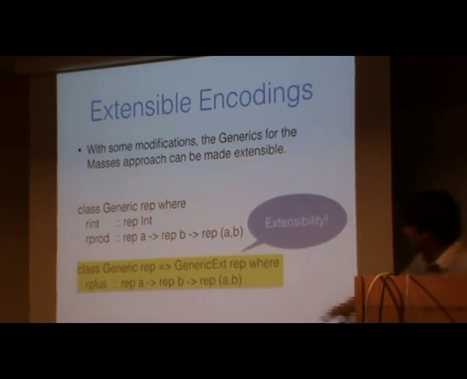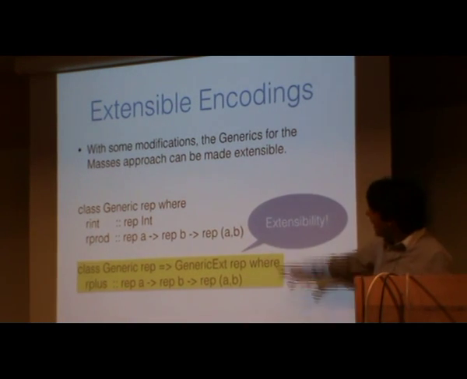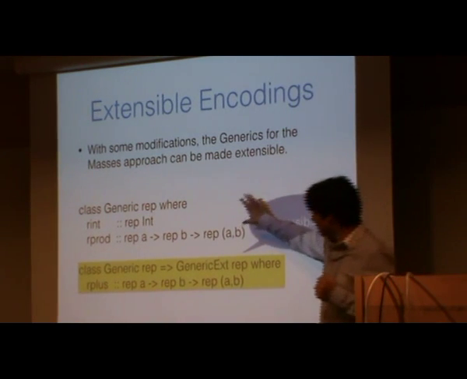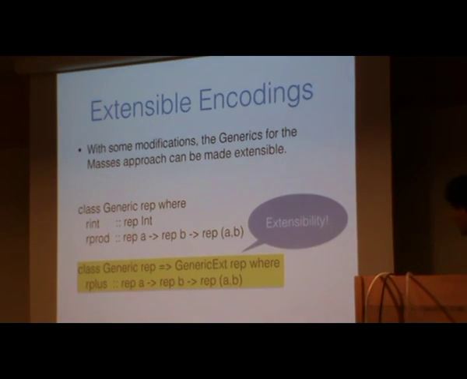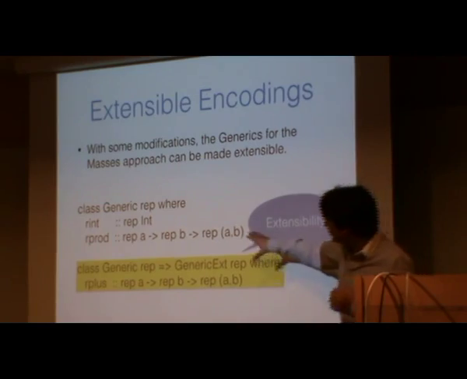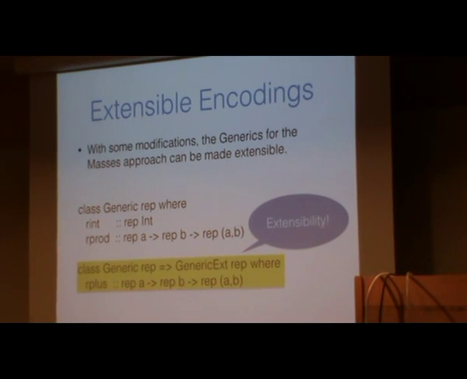Okay, so if you have this type class here, and this is modeling the algebra for the data type of representations. If you want to have an extended algebra, say that supports sums, for example, you can just use subclasses to add a new case. And this was something that was quite interesting at the time, because this is different from an algebraic data type.